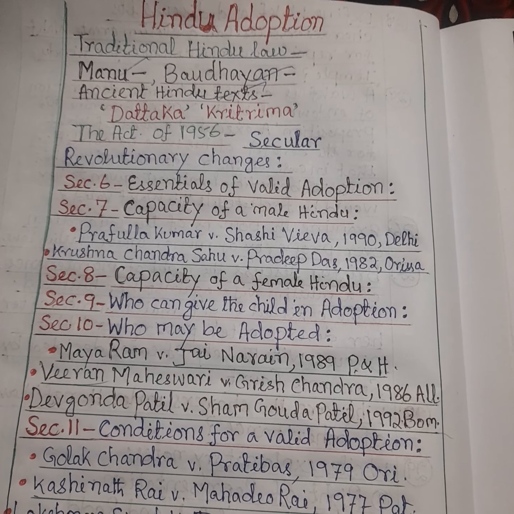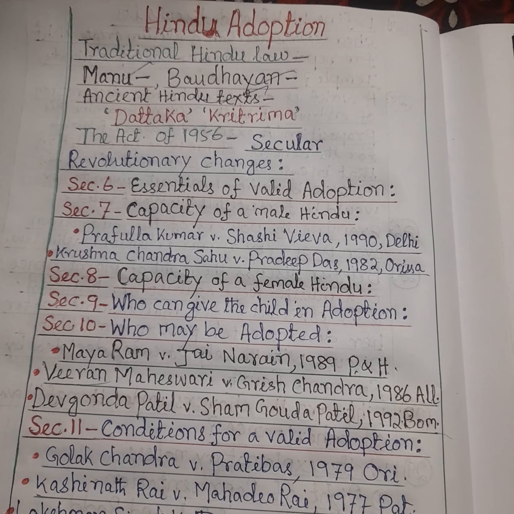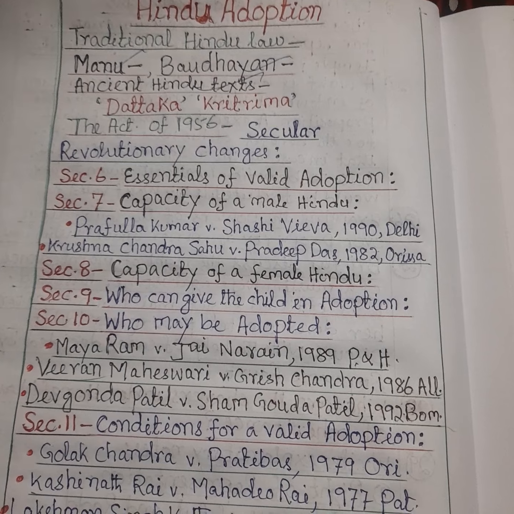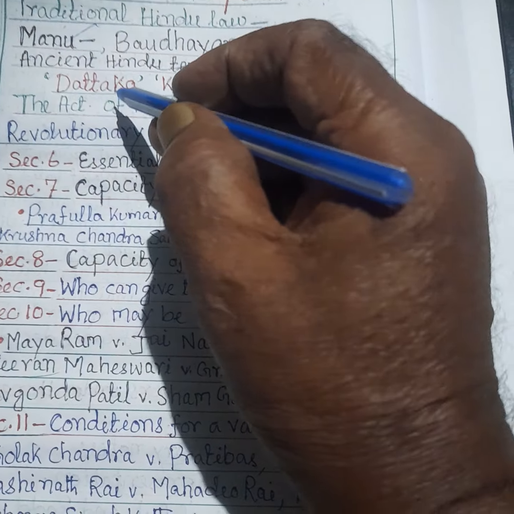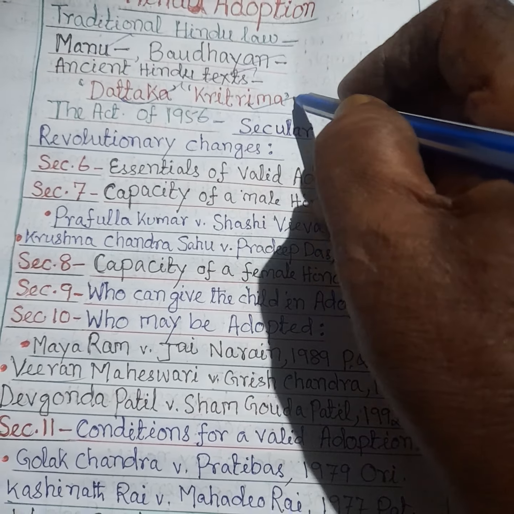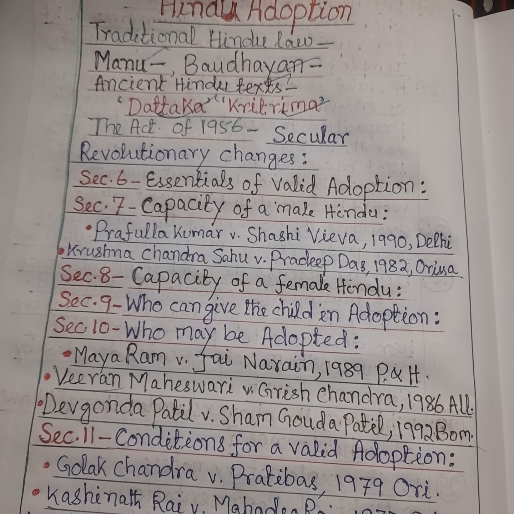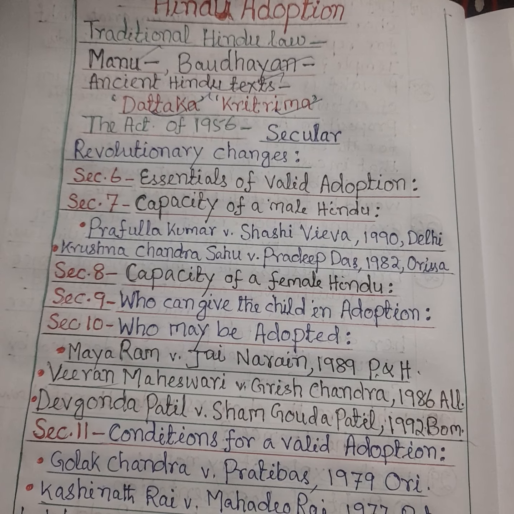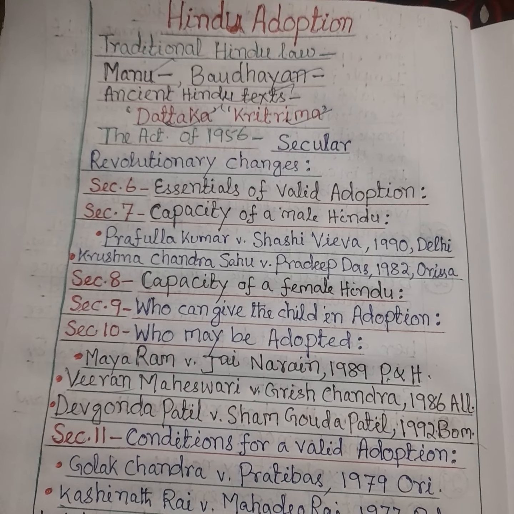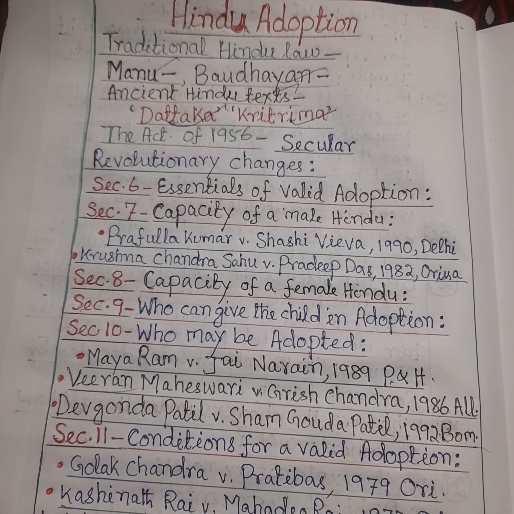there were five kinds of adopted son, but they were reduced to only two forms, and those two forms were Dattaka and Kritrima. The first one was prevailing throughout India, and the second one was prevailing in Mithila and the adjoining states.